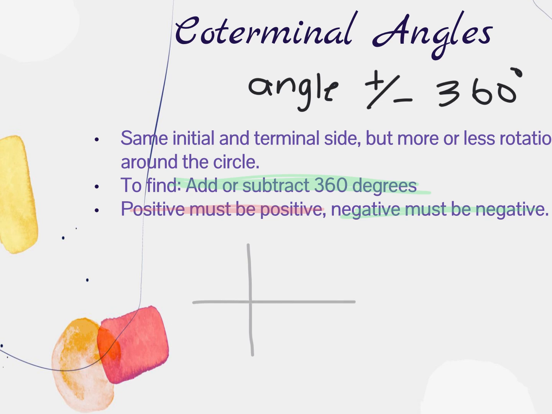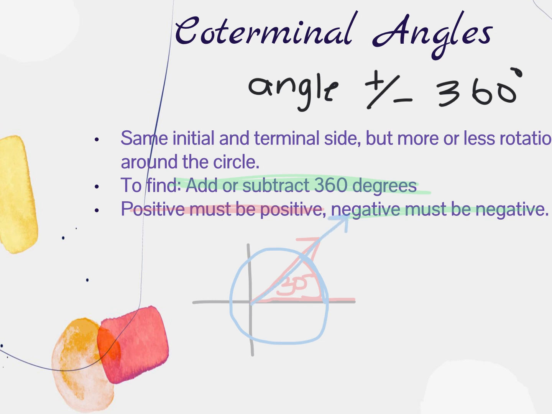Say you had, here's my initial side, and I give you the angle of 30 degrees. All right, this is 30 degrees. And then I start here at the x-axis and I go around one whole circle, and I end up right here again.